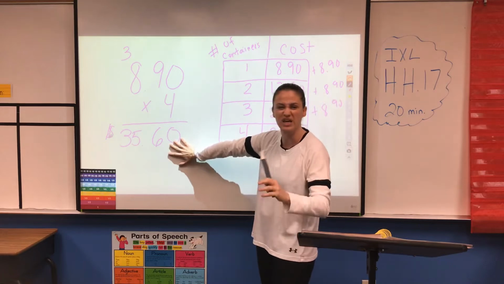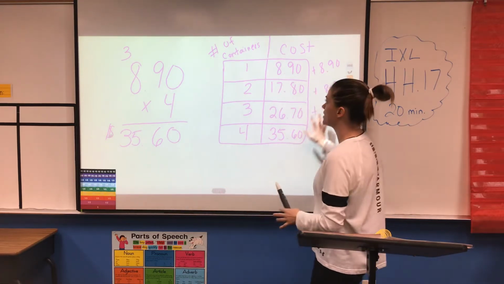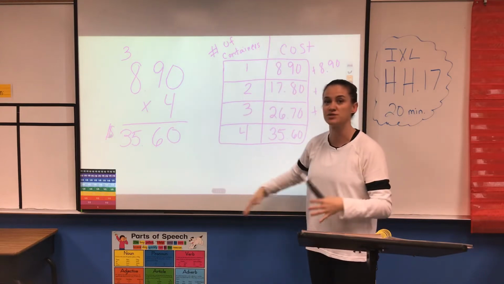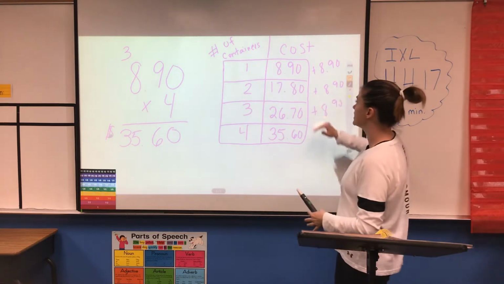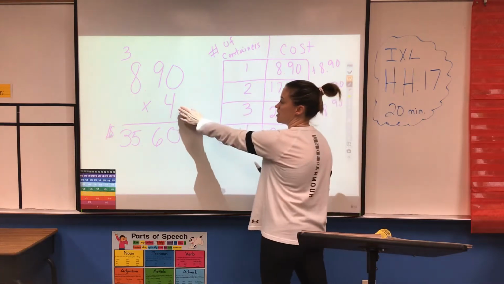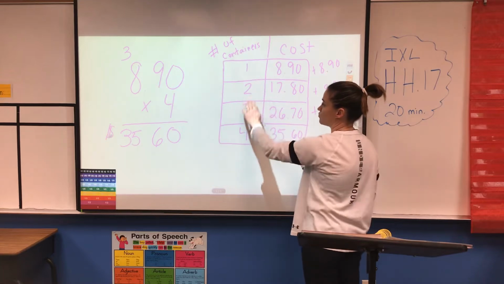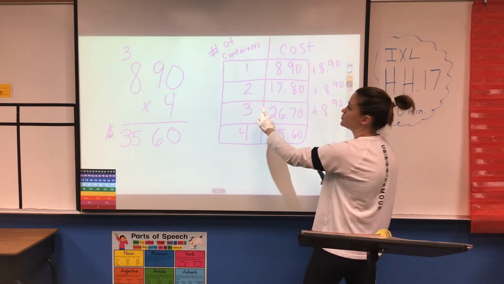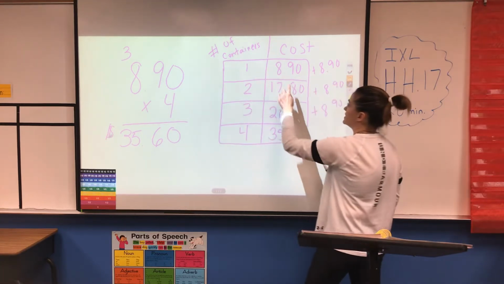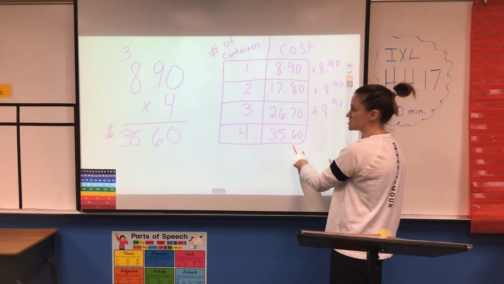So this is just another strategy that they want you to learn, guys. Multiplying is quick and easy if you're comfortable with it, but they wanted to give you another strategy by using an input-output table and being able to add. So if you had the 4 containers, on a table chart, you have 1, 2, 3, 4, and if you added the $8.90 in 4 times, you'd get $35.60.